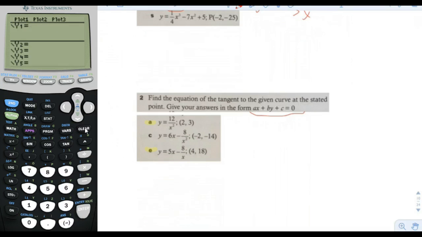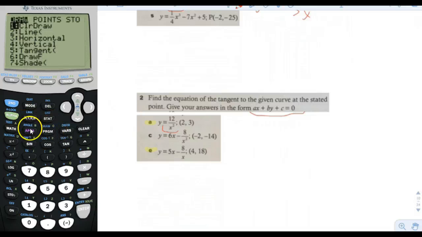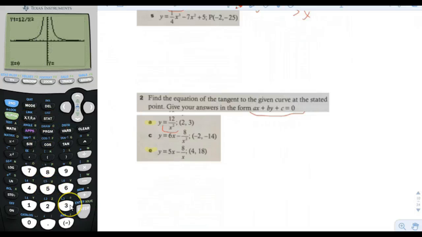We're going to put 12 divided by x squared, so that we could write that as 12x to the -2, or we could do 12 divided by x squared, graph, and then we're going to do a second draw of the tangent line, and it would be at -2.